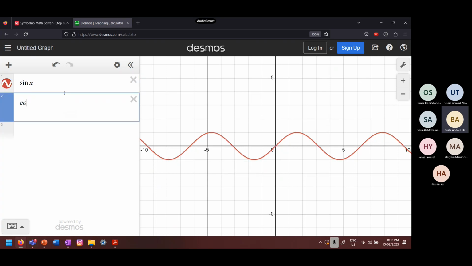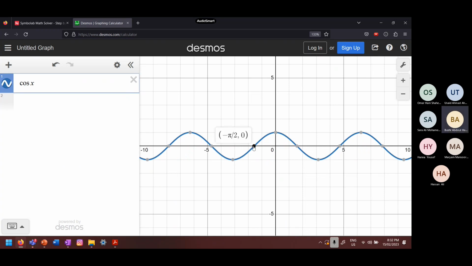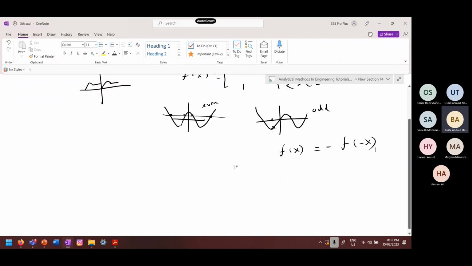But if I gave you a cosine, you can see here at negative pi over 2, it's the same as at pi over 2. So the sign of the x component doesn't affect the y component. If the sign affects the y component and gives it a negative value, that's called an odd function.